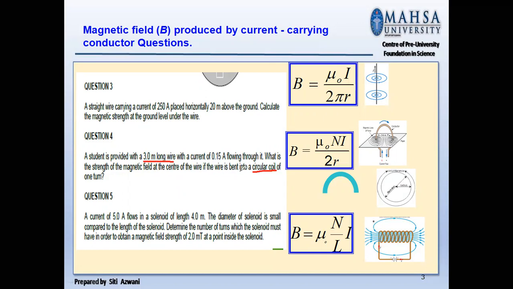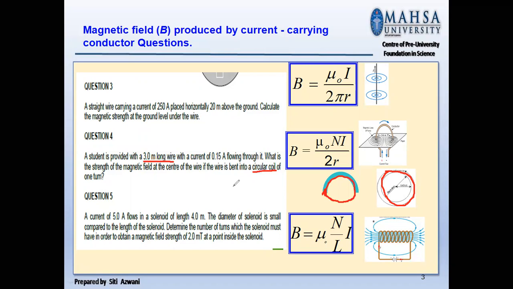The wire is bent into a circular coil. Just imagine here, you bend your wire into a circular coil. So what happened to your wire? The length of your wire is equal to the circumference of the circle. So how to calculate the R?